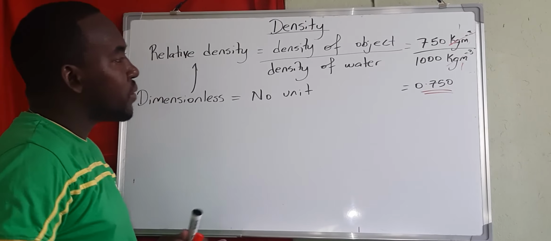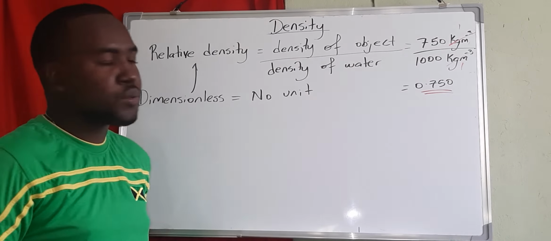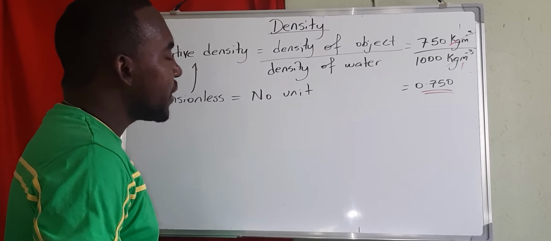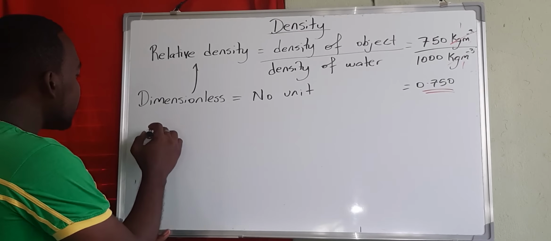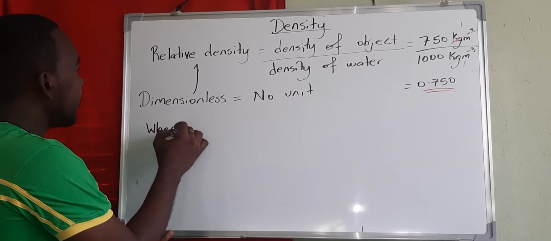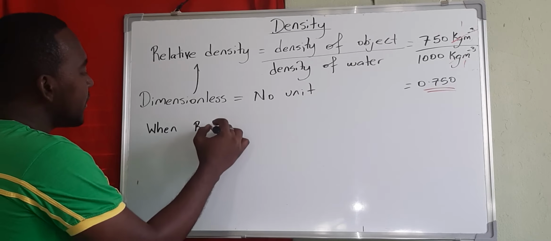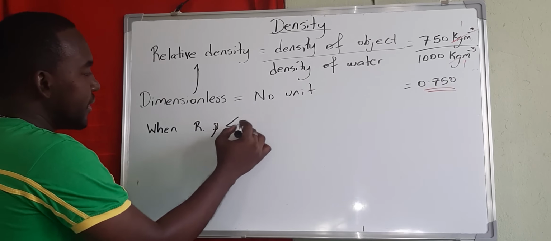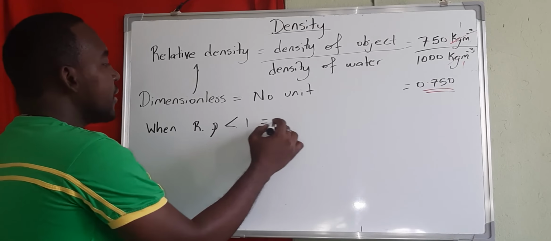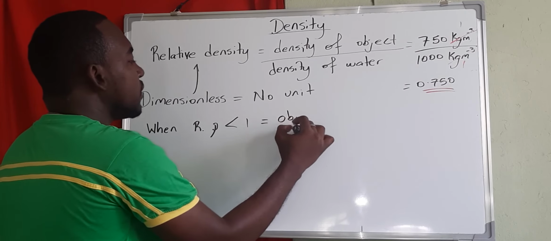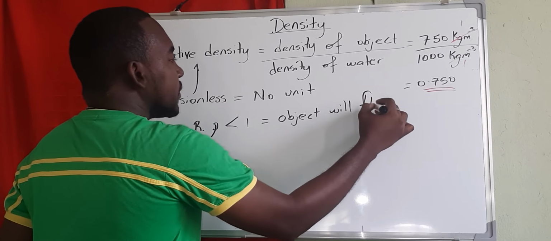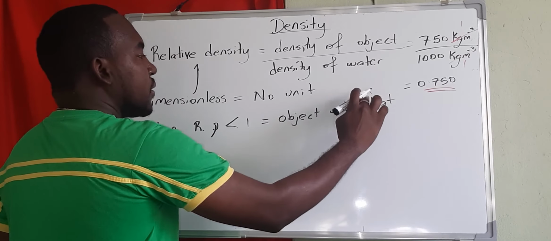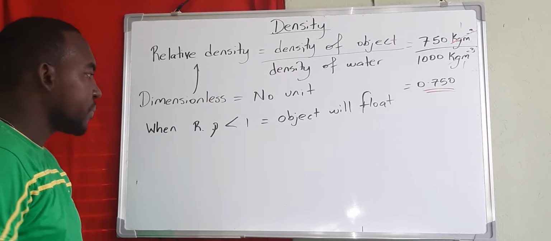So if we're comparing this block from the previous question to water, because this number is less than 1, when relative density is less than 1, like in this case, then that object will float in water.